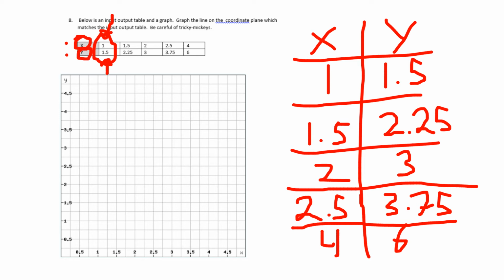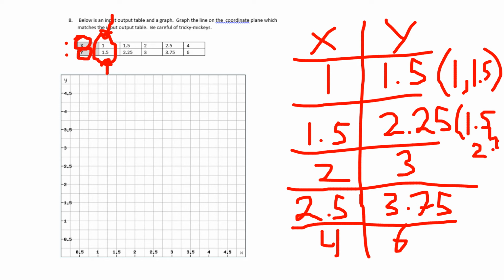Now if we were doing that as coordinate pairs, this would be 1, 1.5. This would be 1.5, 2.25. All right, and sorry I ran out of room there, but you get the idea. Basically just the coordinate pairs like we're used to seeing. So what I'm going to do now is I'm going to just start plotting those points on the graph.